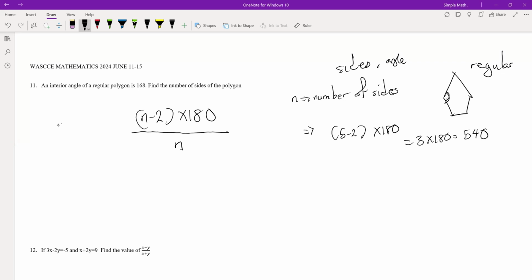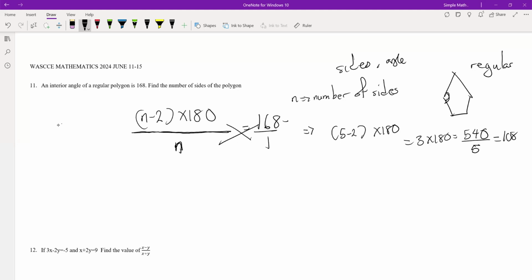It will simply be 540 divided by 5, because there are going to be 5 angles in total, right? This gives us 108. So it's the same idea here, all right? So we'll have the sum of interior angles in a polygon divided by the number of sides, which then gives us this 168. So we can cross multiply.